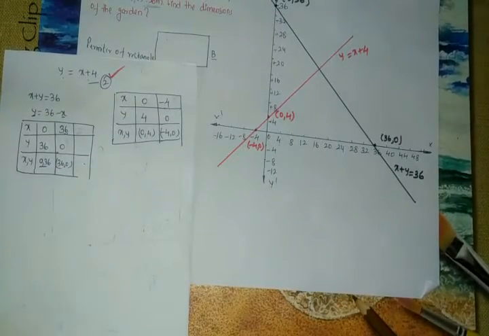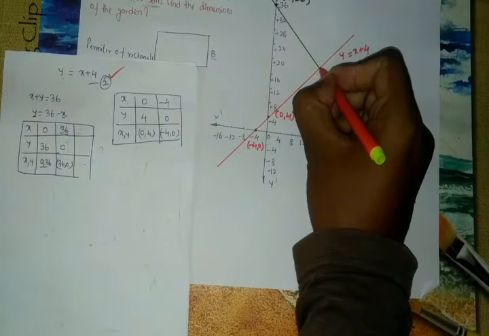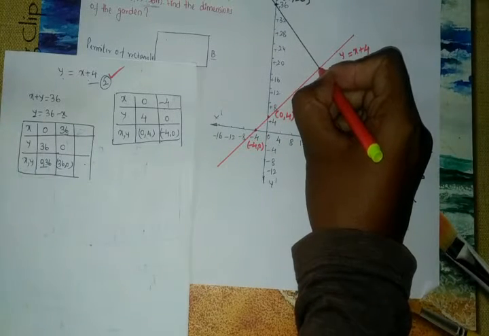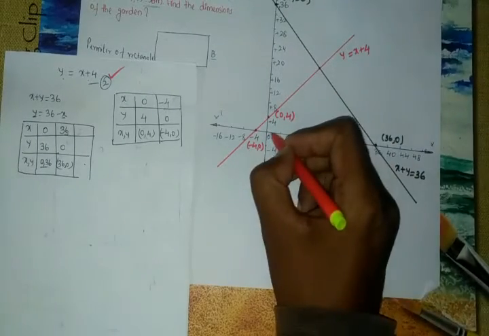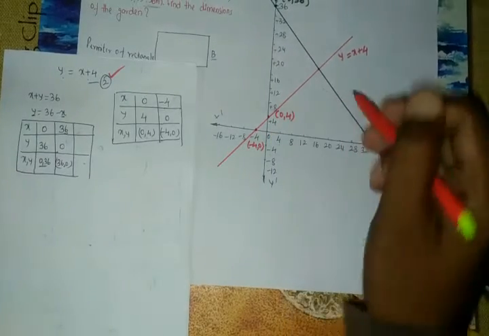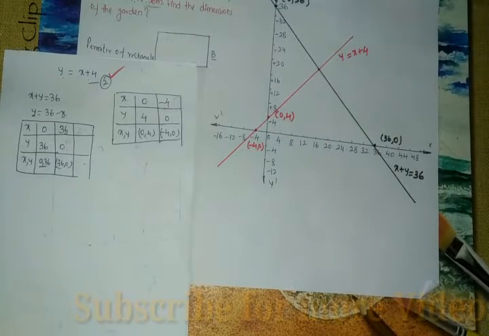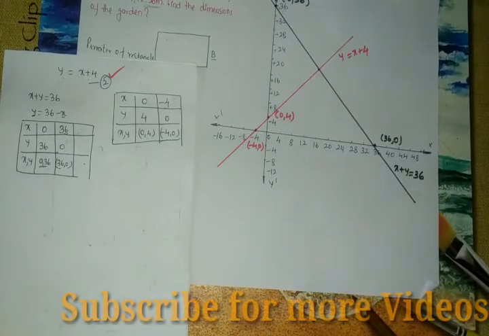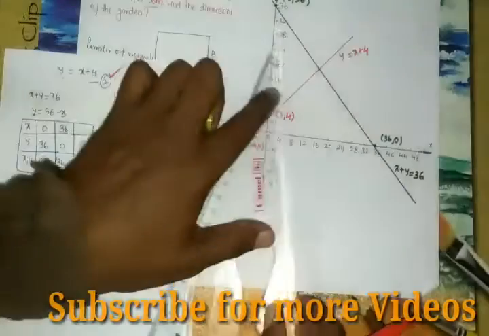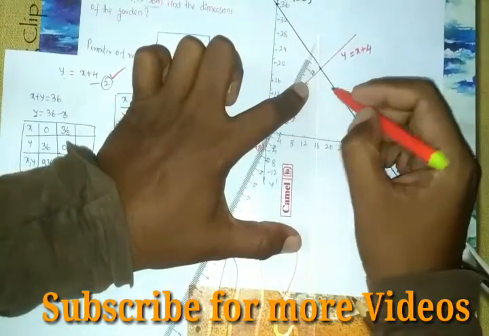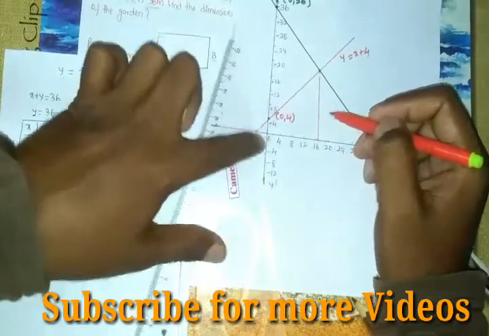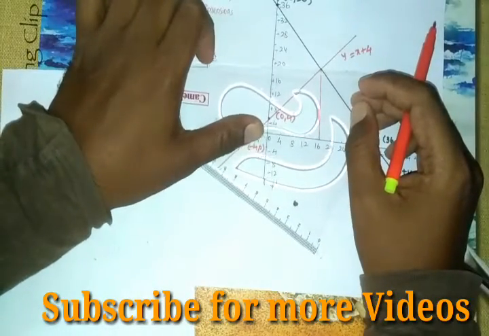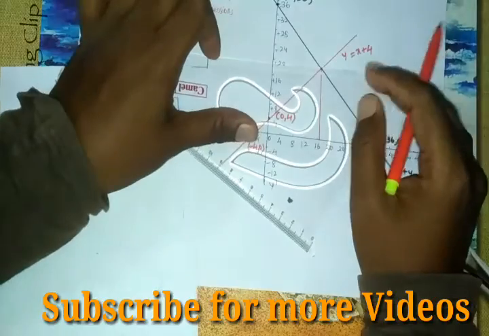So I have to get the coordinates of intersection. So along x, at what distance it is coming, that I need to get. So it is x, and this is 20.